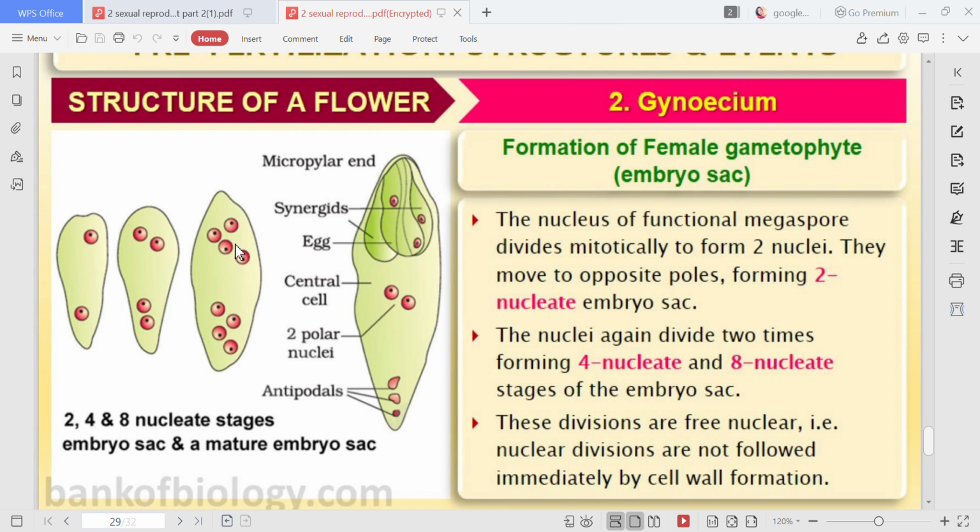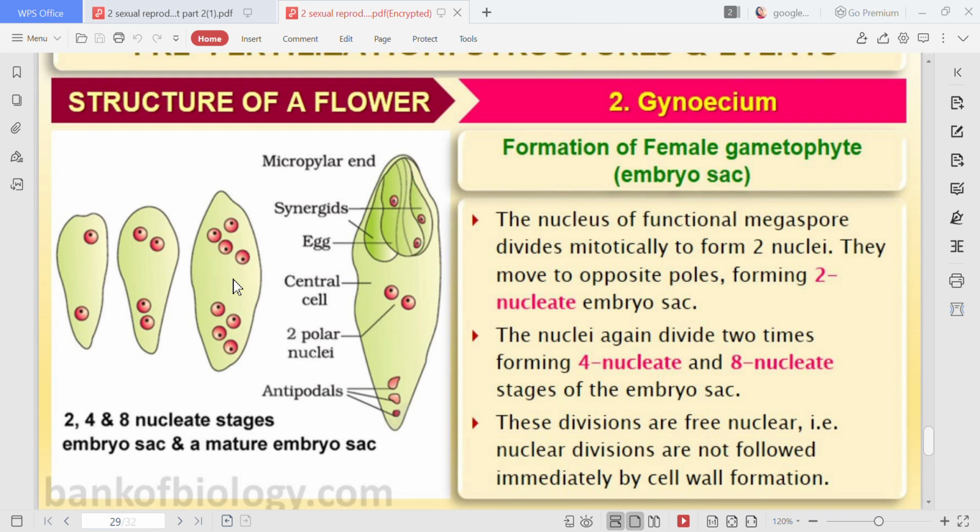But here the division is free nuclear. That means the nucleus is dividing but the nuclei are not followed by cell wall formation. So there is only one cell, but inside that one cell there are 8 nuclei. I hope I have cleared my point here.